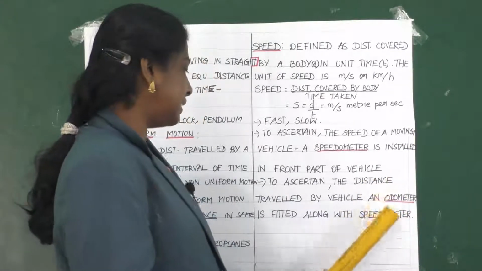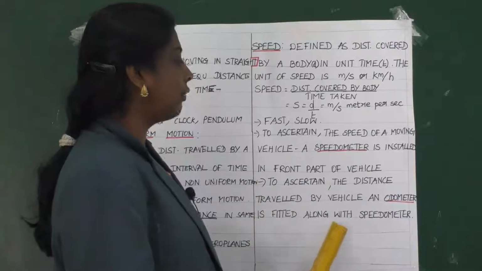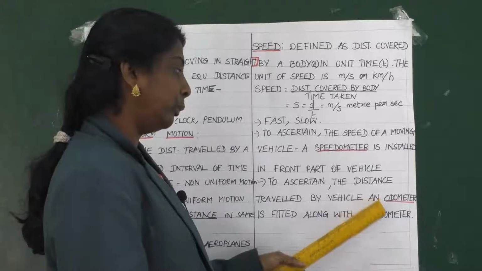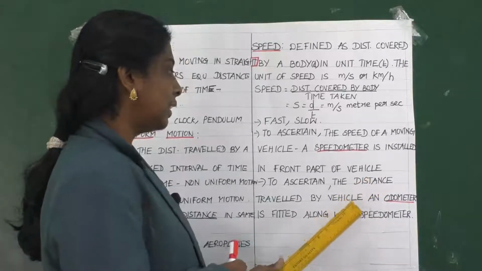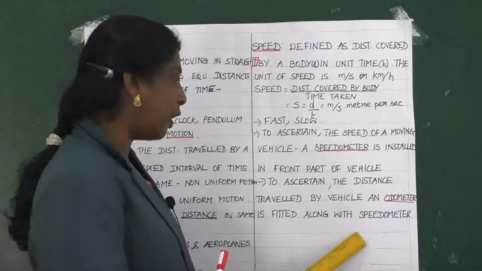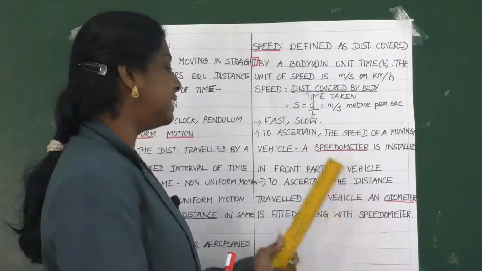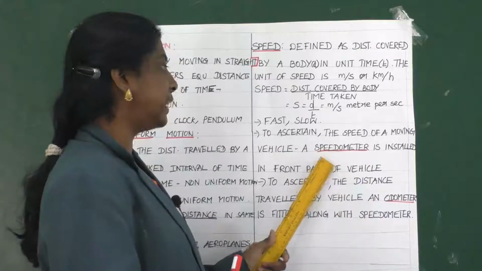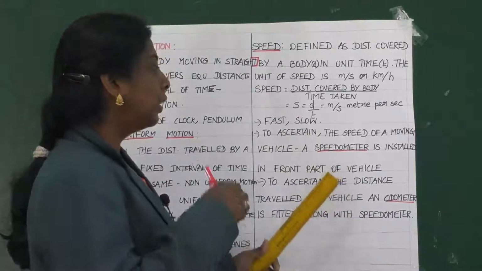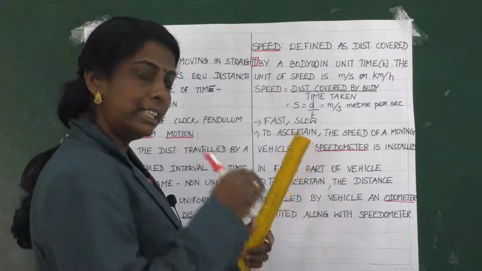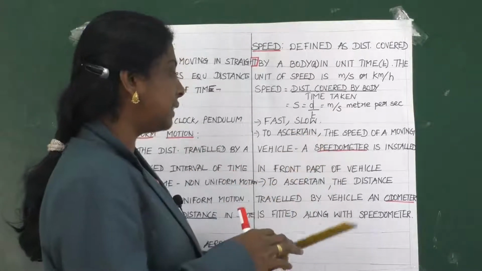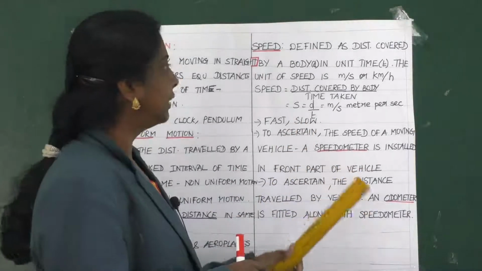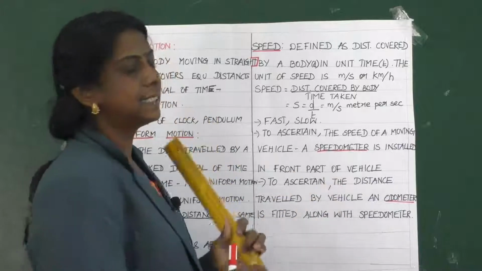Okay. This is fitted along with the speedometer. So along with the speedometer, another device, the odometer, is also fitted for what? To measure the distance traveled by the vehicle. So the odometer and speedometer will be there in the vehicle. So when it is moving, we can find out the respective speed and distance also. Clear? Yes. So this is what speed is about.